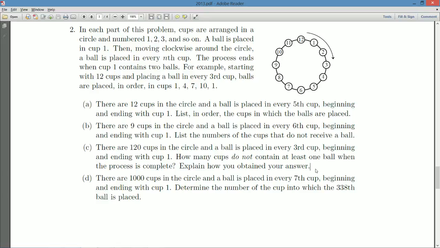The smallest multiple of 12 that is also a multiple of 5 happens to be 5 times 12, which is sort of the reason there. 9 cups and every 6th cup, beginning and ending with 1. So how many cups did it take to get to 1? It took 3 because 3 times 6 is the smallest multiple of 6 and 9. Alright, so we can try and put that into practice here.